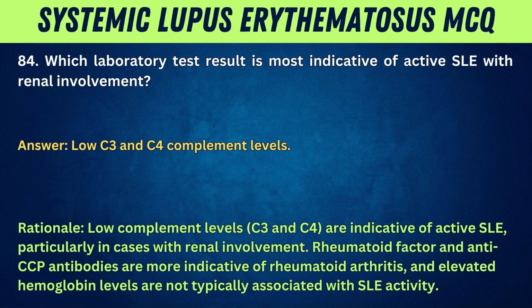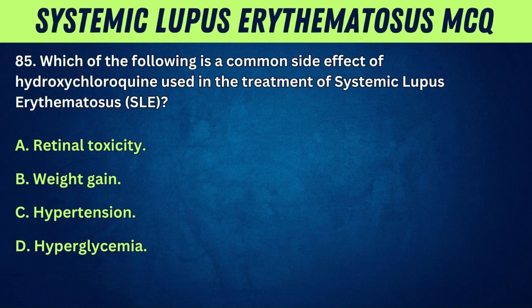Rationale: low complement levels, C3 and C4, are indicative of active SLE, particularly in cases with renal involvement. Rheumatoid factor and anti-CCP antibodies are more indicative of rheumatoid arthritis, and elevated hemoglobin levels are not typically associated with SLE activity.